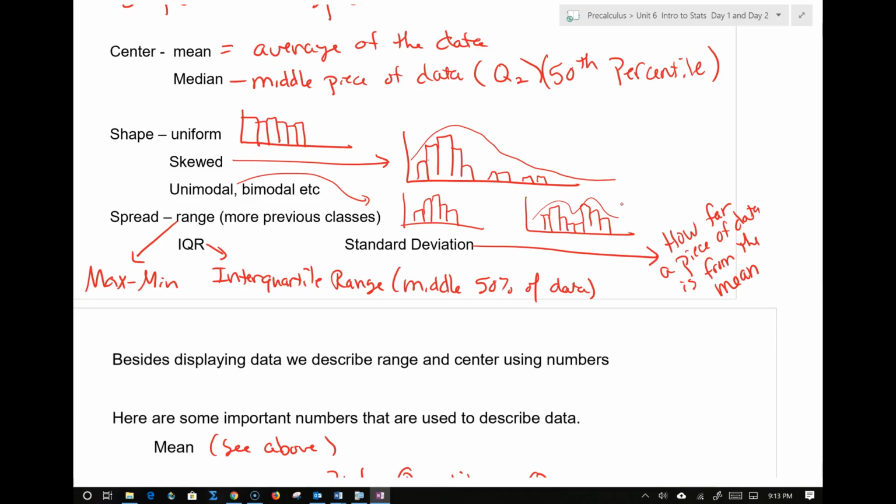We talked about what the range is for data. It's your max data value minus your min data value. We talked about your interquartile range, and that's going from your third quartile minus your first quartile. And then we talked about the standard deviation. It really tells you how far a piece of data is from the mean of your whole group of data.